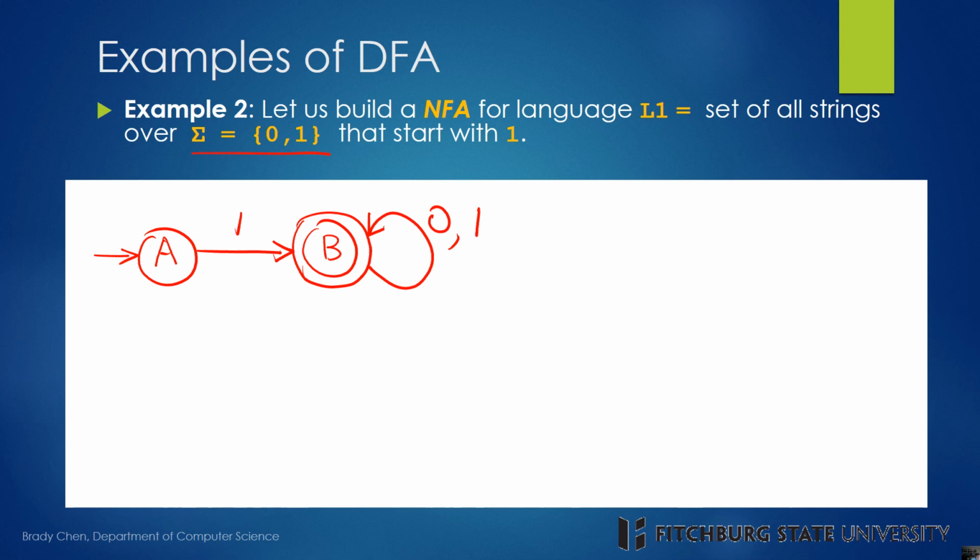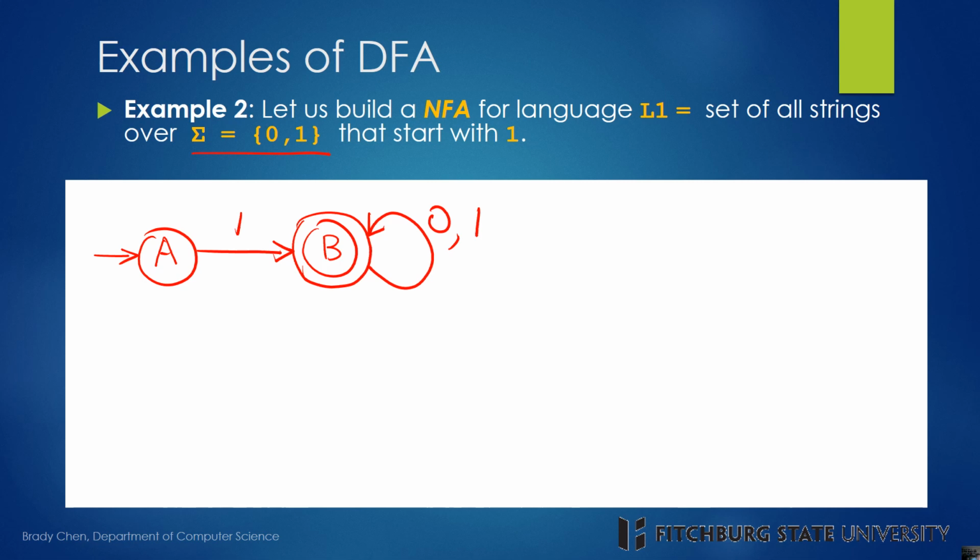Now for the deterministic finite automata, we have to define the input 0, right? Because you cannot skip any of the input values. For the current state A, you have to define the destination for any input value. For non-deterministic finite automata, you don't have to do this.